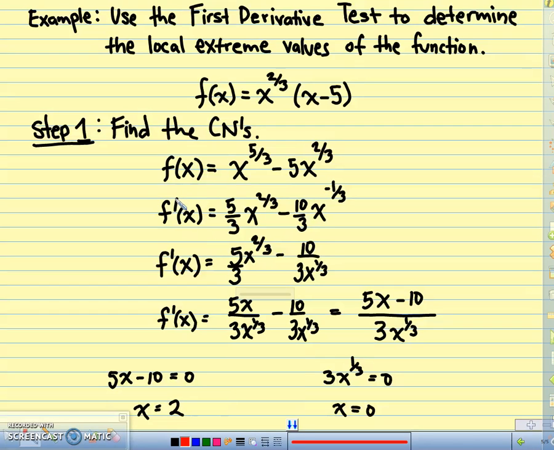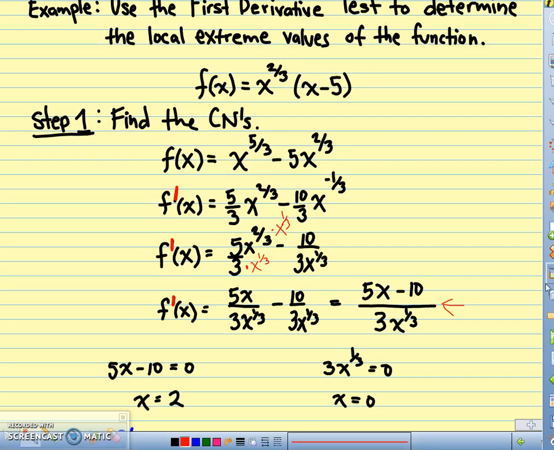However, that next step is f prime of x. When I got to this third step, I multiplied the top and the bottom by x to the 1/3 to get common denominators. That's how I got 5x over 3x to the 1/3 minus 10 over 3x to the 1/3, and pretty much this.